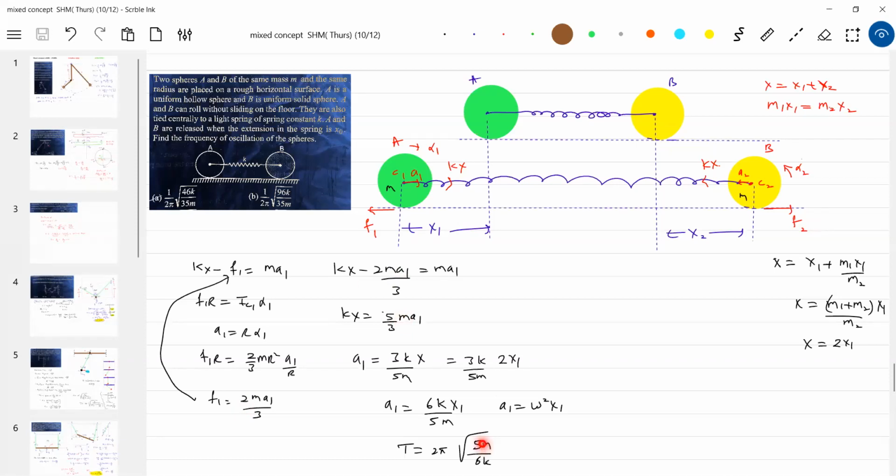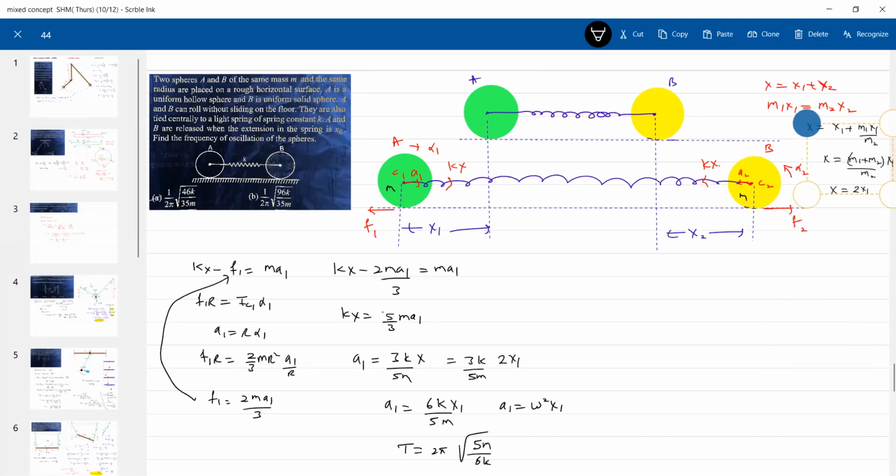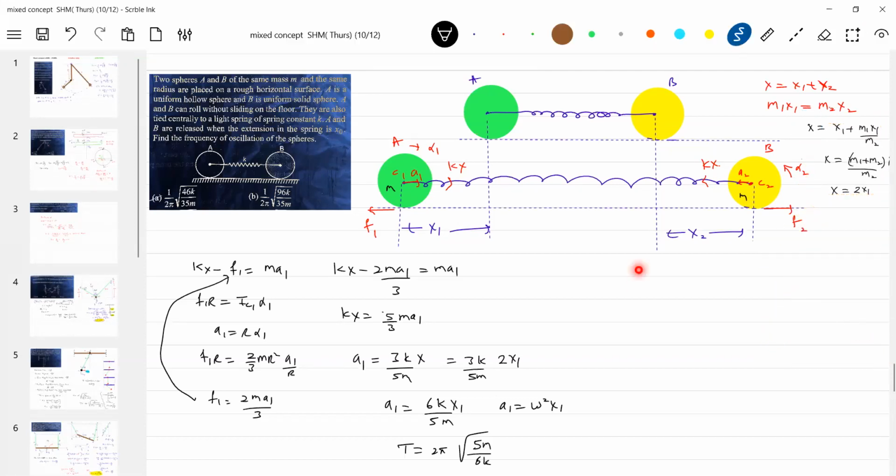We ended up here. Then if I do this for the solid sphere, yes, again you can work out kx minus f2 equals m a2, then f into r. Okay, let me try whether we are right or wrong. I will post these things. Both should have the same time period. There's a cross checker. Okay, let me do this for the other part. So this will be kx minus f2 equal to m a2.